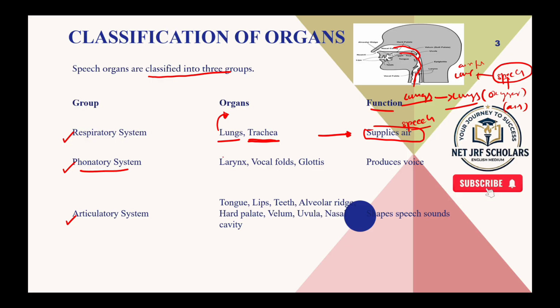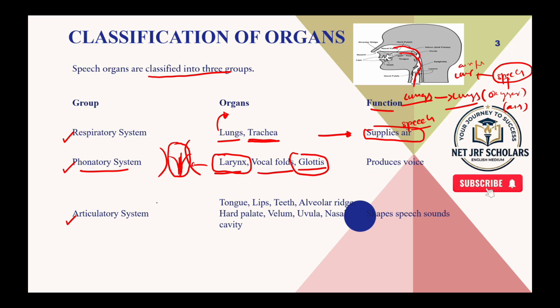And next we have the phonatory system. It consists of larynx, vocal folds, glottis. It's nothing but the larynx or the voice box. If you touch this part you feel something odd, that I will show in our next slides. And it consists of vocal folds, and the space between these is called glottis.